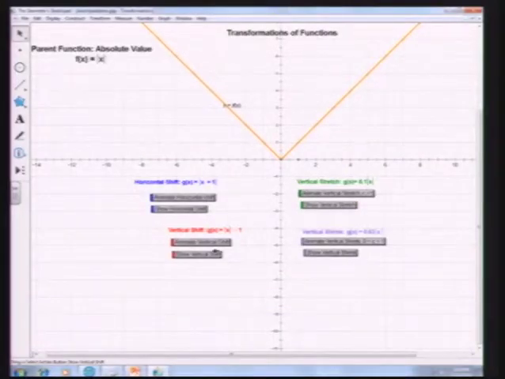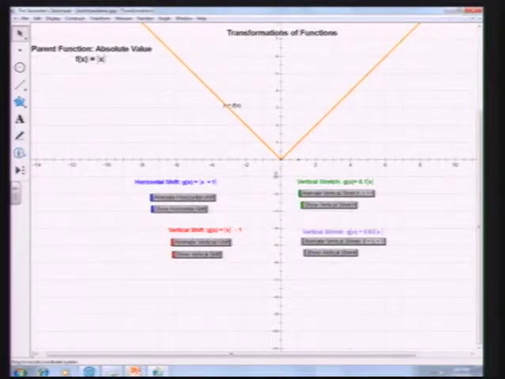Okay, as we come back, you will see that we have the parent function of the absolute value, which is also known as our common function. I will note throughout the session the actual common functions that we'll be looking at, but as you can see, we will start with the absolute value function and how a vertical shift occurs.